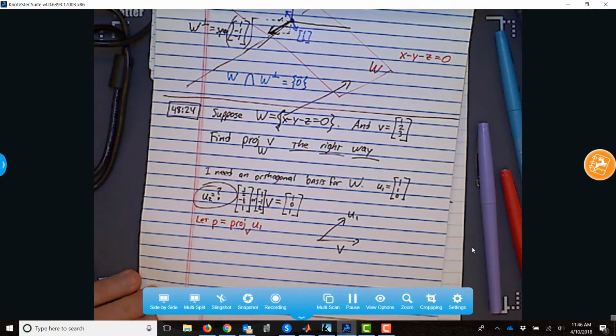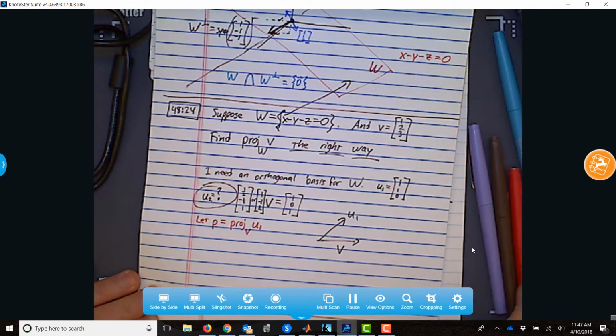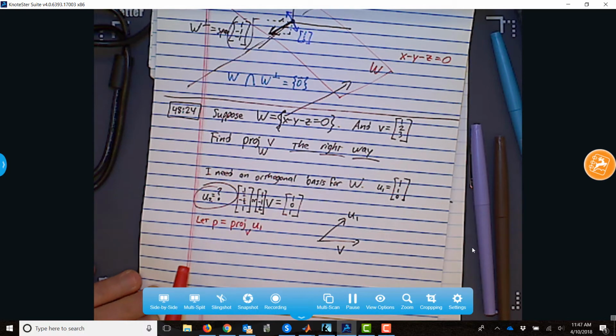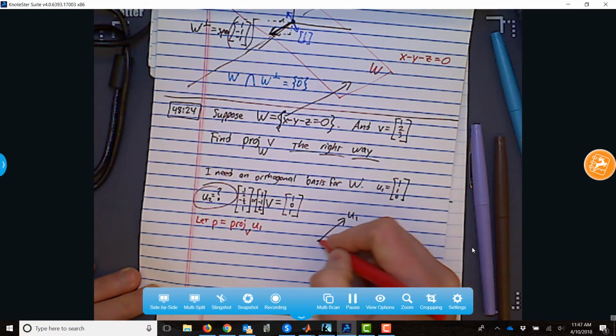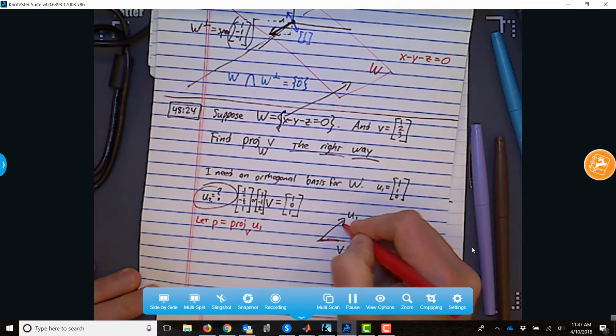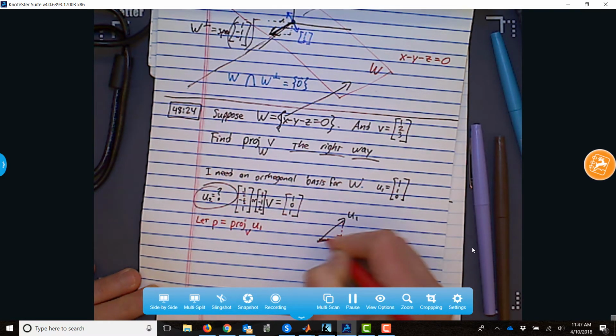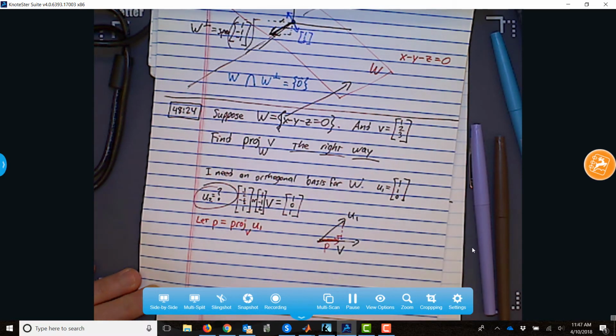Okay. But what I'm saying is the strategy is this. I'm going to let P be the projection of U1 onto V. So guys, P looks something like this, right? If you drop a right angle, this is P. You guys with me on that? And then, oh, I did it wrong.